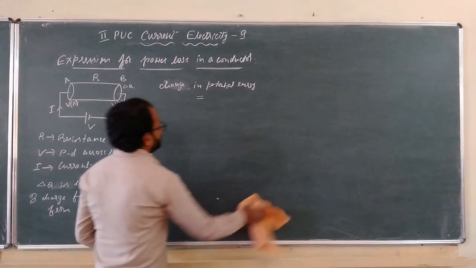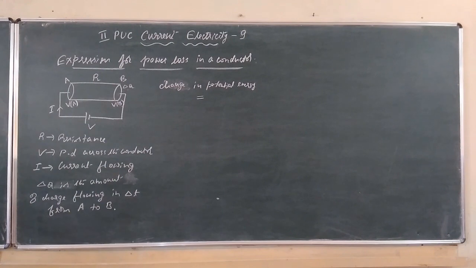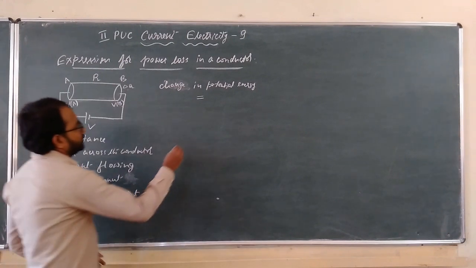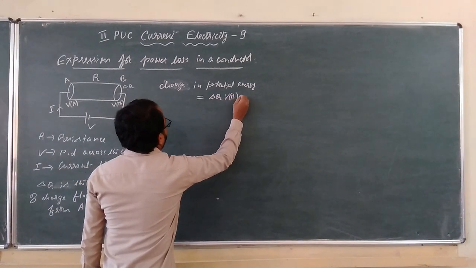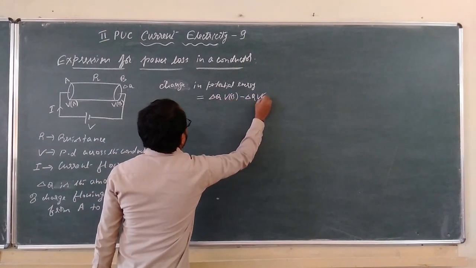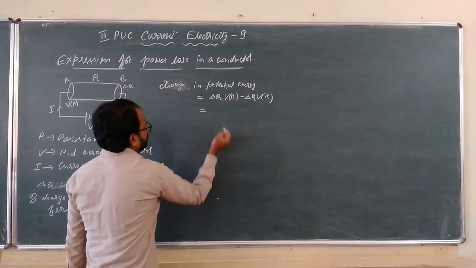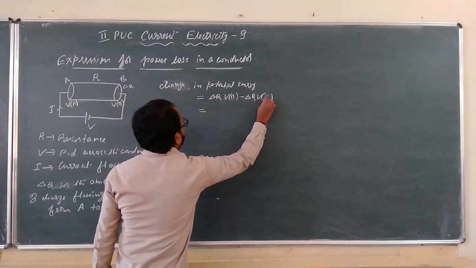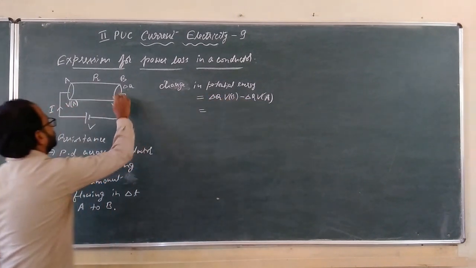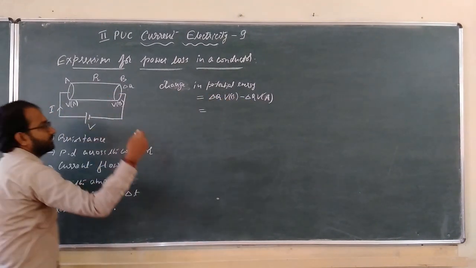So the change in potential energy is the final potential energy minus the initial potential energy, which is delta Q, common, times VB minus VA. VB is less than VA, therefore it is negative.